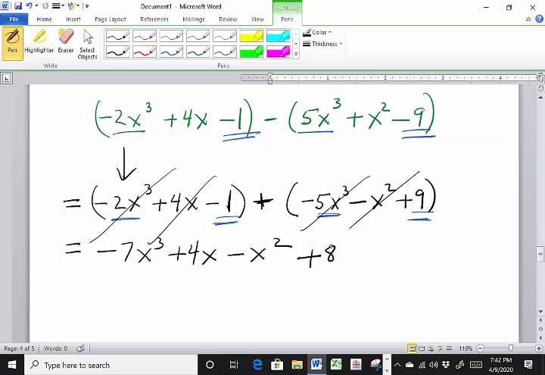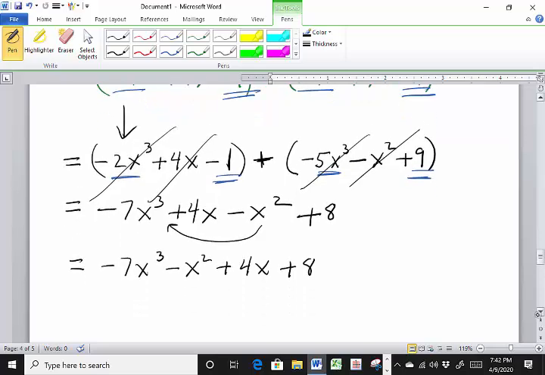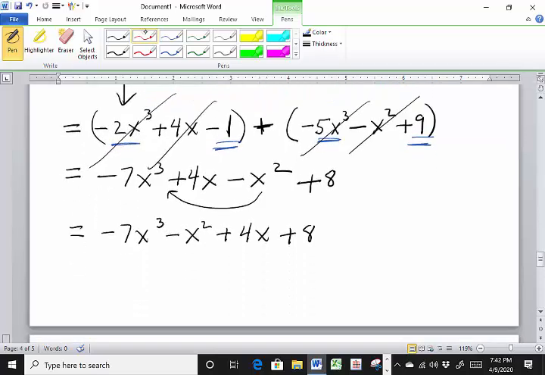We want to write this in descending order, so this term should become the second one in the polynomial. So minus 7x cubed subtract x squared plus 4x plus 8. So, descending order: 3, 2, 1, and then the 0 power.